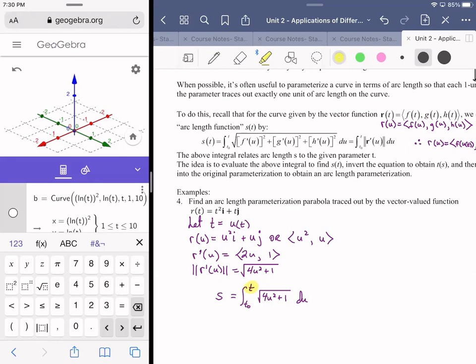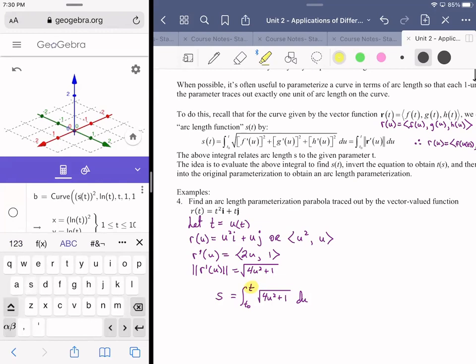So what would happen if I replace the ln with, let's say, a sine? The only thing that you might run into is domain considerations. Right? It wouldn't let me do it.